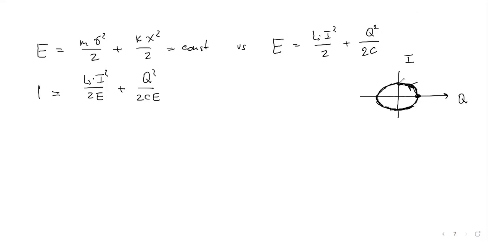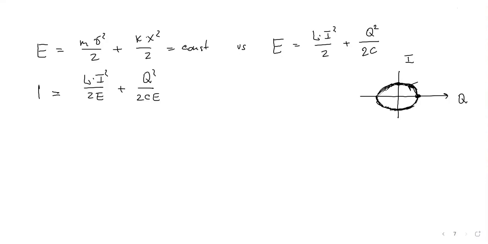When you reach the vertical line, what's going to happen? You have maximum current and no charge. That means you go through the equilibrium. Then you continue to have positive current.